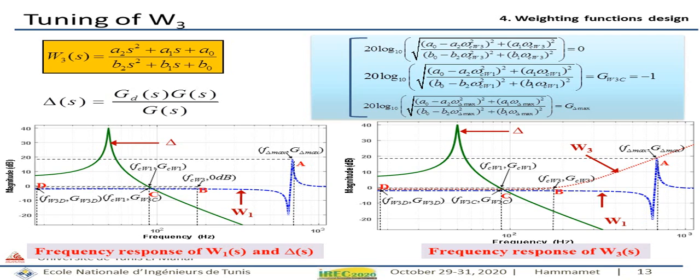In order to satisfy all these conditions, the following equations must be solved. Based on the obtained results, W3 must pass by points A, B, C, and D, as shown in the first figure. Based on MATLAB software, we can deduce the curve which passes through these points, which corresponds to W3.